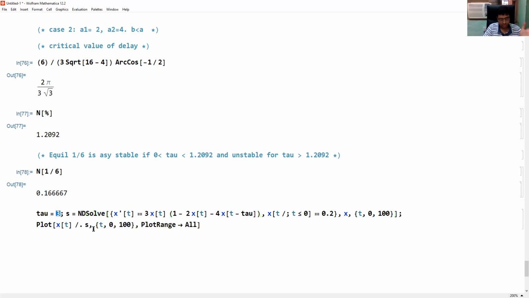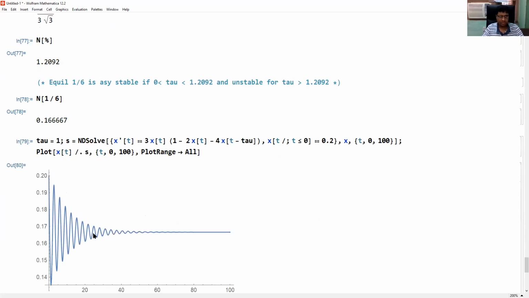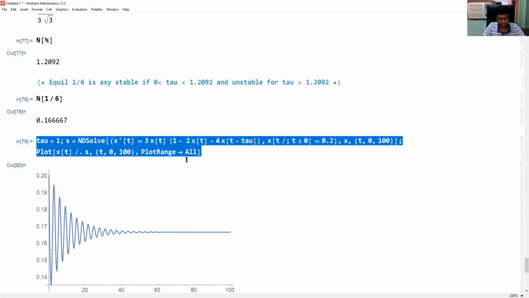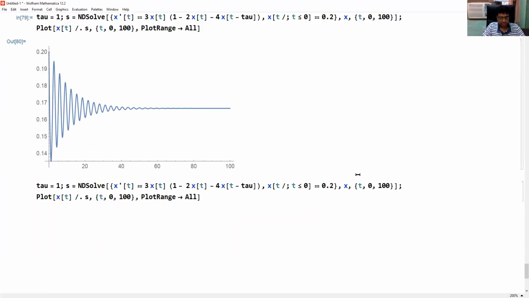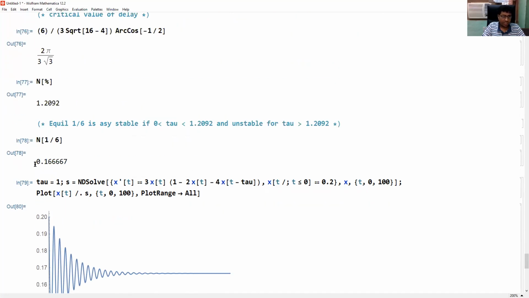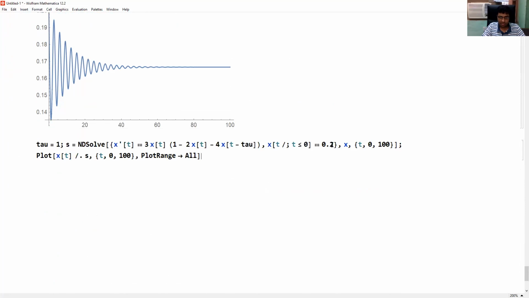So let us take small delay, say 1, and check whether we are getting stable solutions. We are getting stable solutions for tau equal to 1 and this initial condition. Let me change tau and initial conditions. So initial condition is between 0 and 0.166, so 0.1.